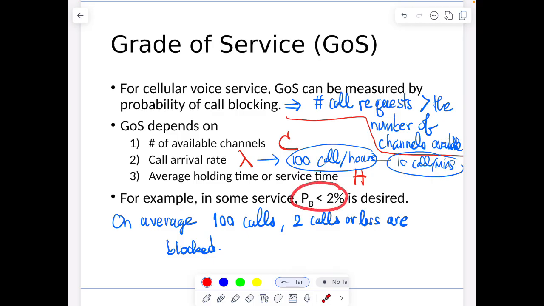If the blocking probability is less than 2%, that means on average, out of 100 calls, at most 2 calls or fewer are blocked. So that's what 2% means: less than 2 out of 100.